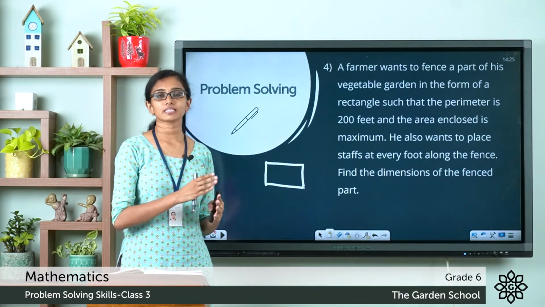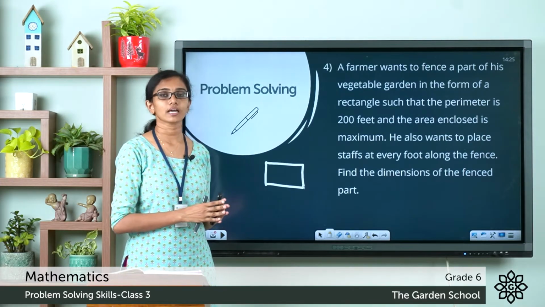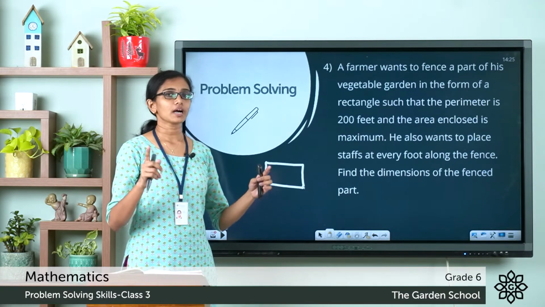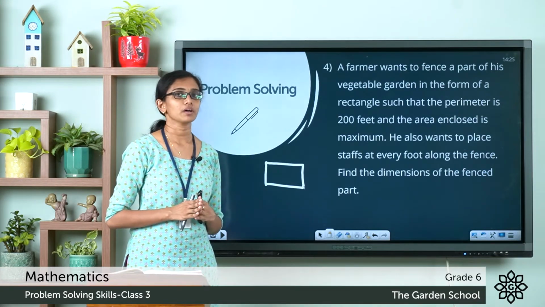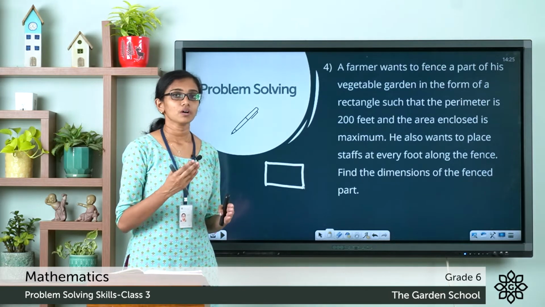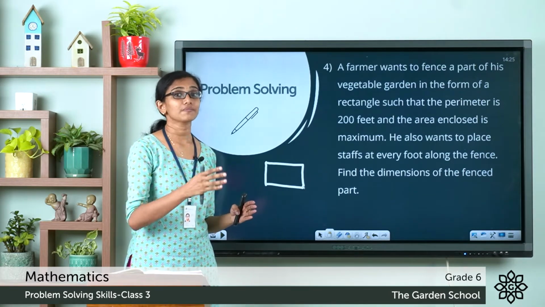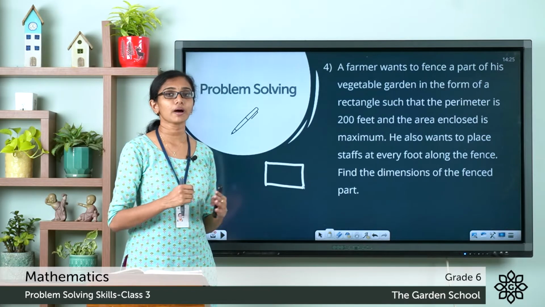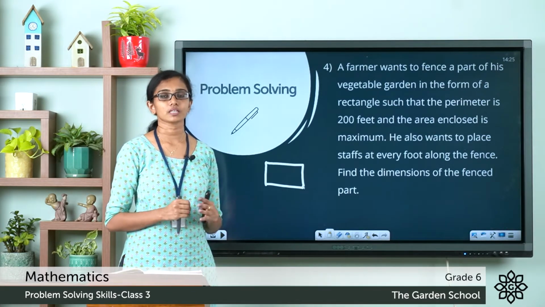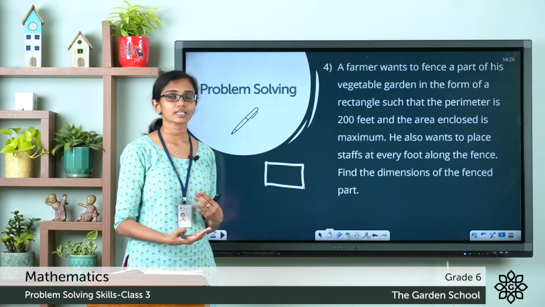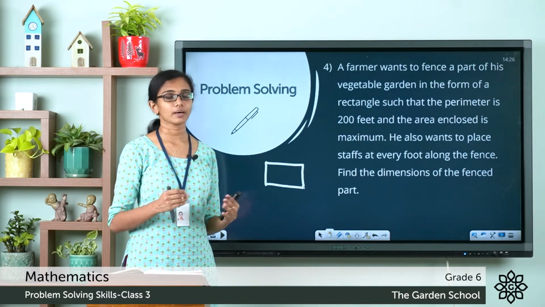If he needs to place staffs at every foot along the length of this garden, the length of the garden must be a whole number. Imagine it's a decimal number. Will it be possible for him to place staffs at every foot or 1 foot apart? No, there will be some length remaining if it's a decimal or fractional number. So, the dimensions of this rectangular garden should be in terms of whole numbers.